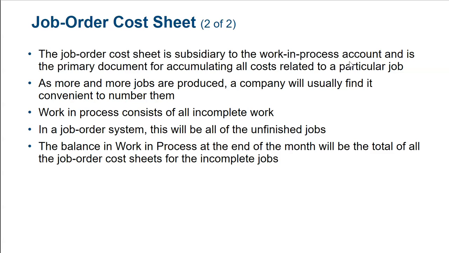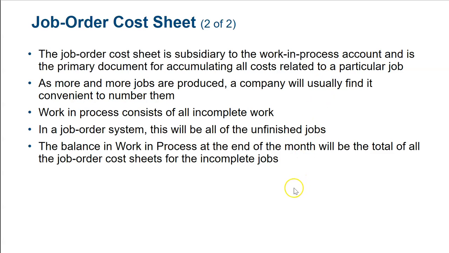And then I want to skip past work in process for a moment. We're also going to have a value for finished goods. These are items that are ready to sell but have not yet been sold. But right there in the middle is work in process.